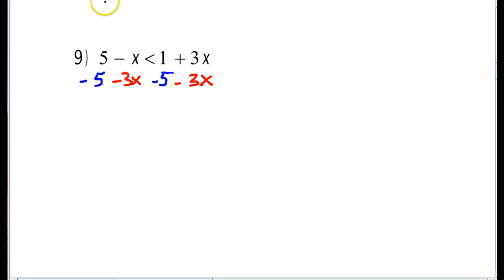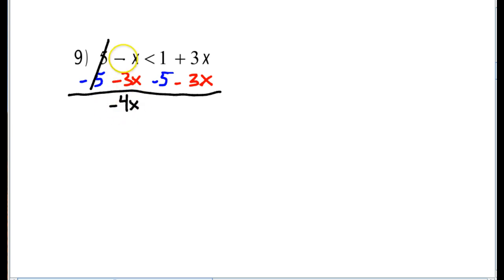I do it this way so you don't actually put the 3x underneath the 5 or anything like that. So in any given column, it should be only x's or only numbers. You never have both. All right, so 0. -1 minus 3.